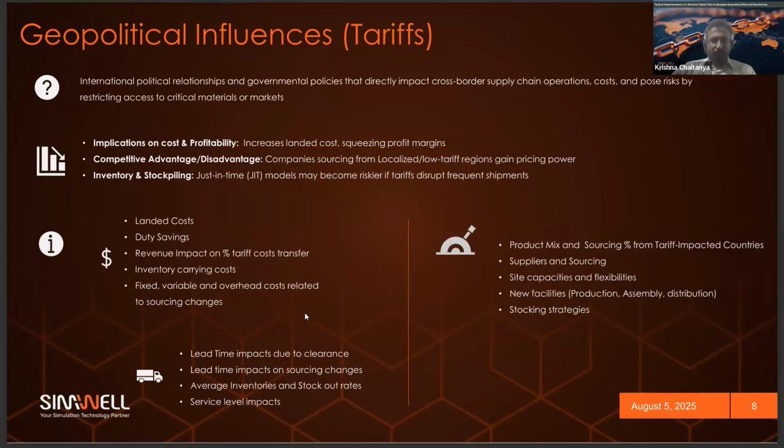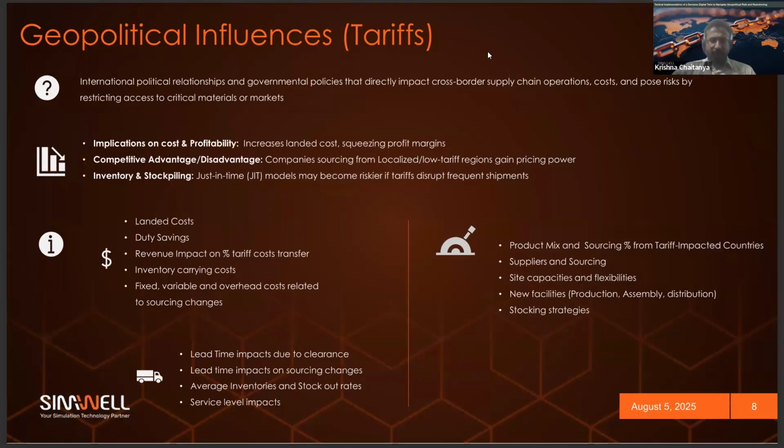Some of the KPIs that we generally evaluate to understand whether our decision had a good impact on the supply chain: the cost-related ones are labor savings, total landed cost savings, duty savings, and inventory carrying cost savings.